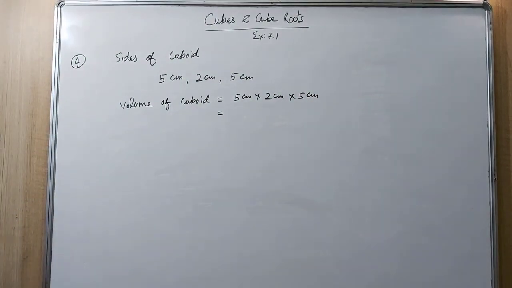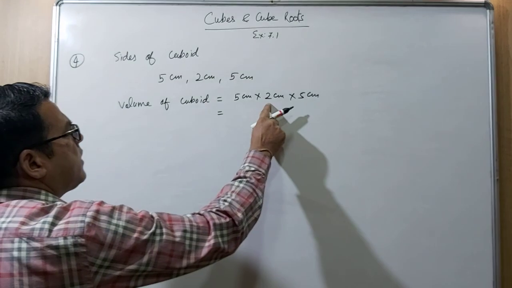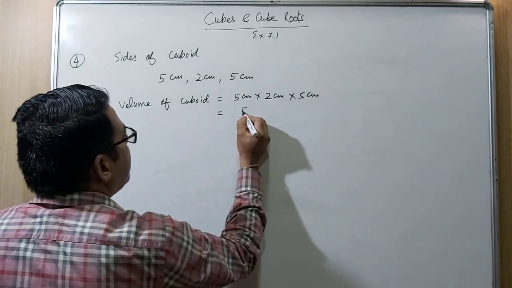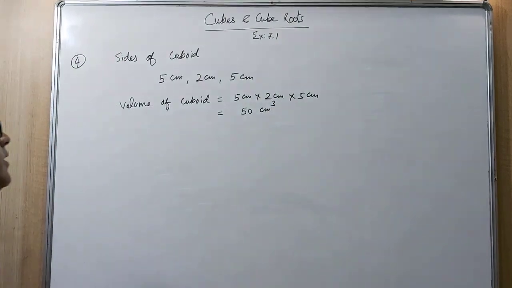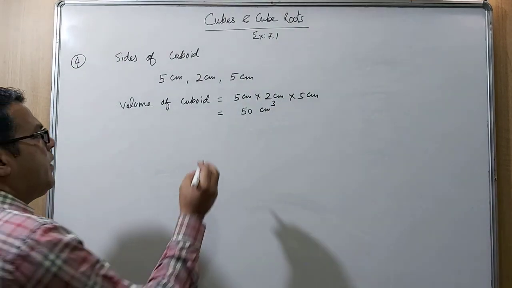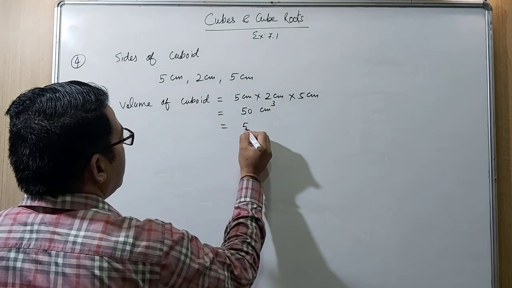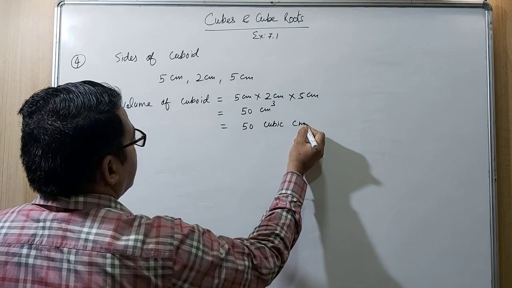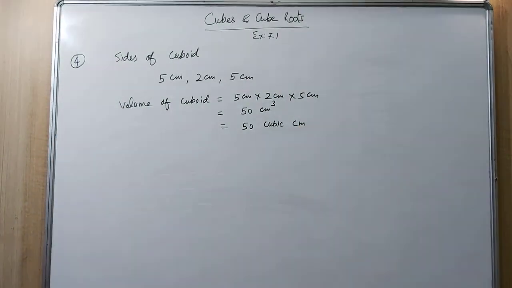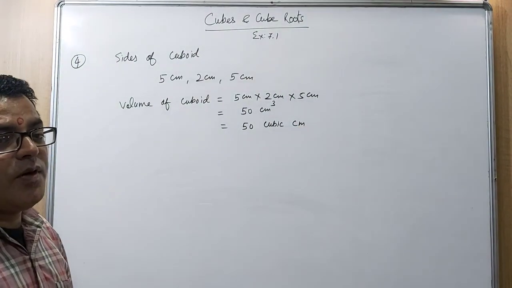Right? What do we have after multiplying? 5 2s are 10, 10 5s are 50 we have here. 50 centimeter cube. Since it is a volume, we can write it 50 centimeter cube or 50 cubic centimeter also. Now you can see this 50 is not a perfect cube.